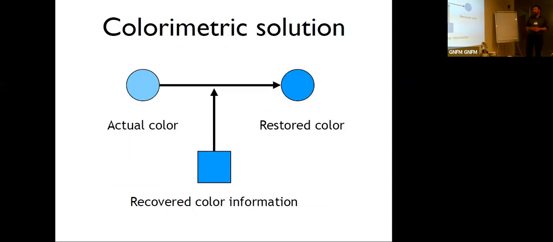So the idea is to try to restore. Of course, for scientists, by restoration we mean digital restoration. And from a colorimetric point of view, it seems a kind of easy solution, in the sense that you get some information about the original color, and then you apply the original color.